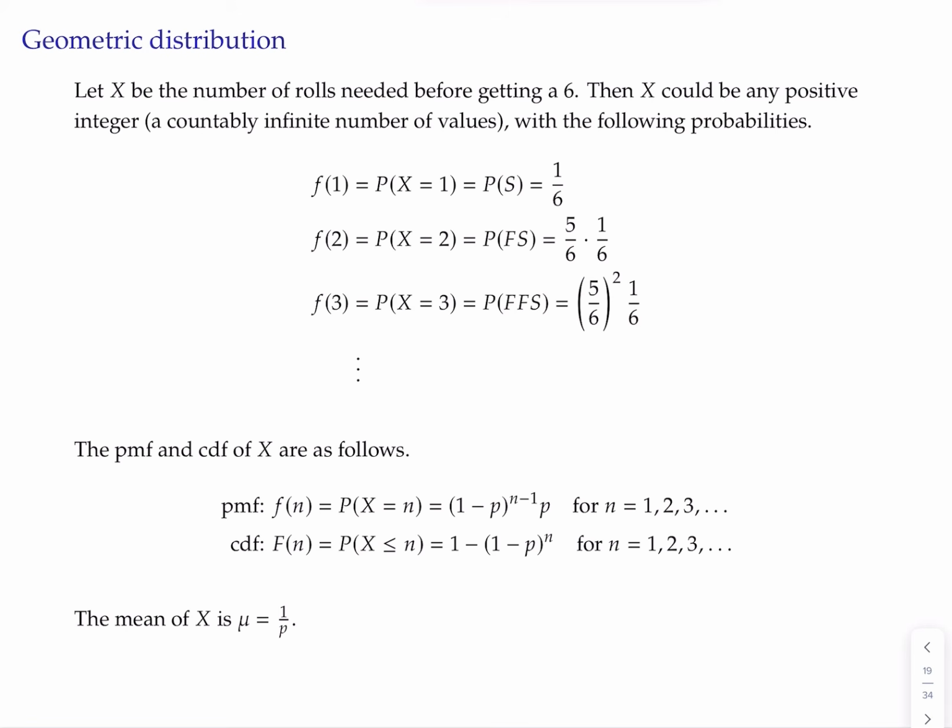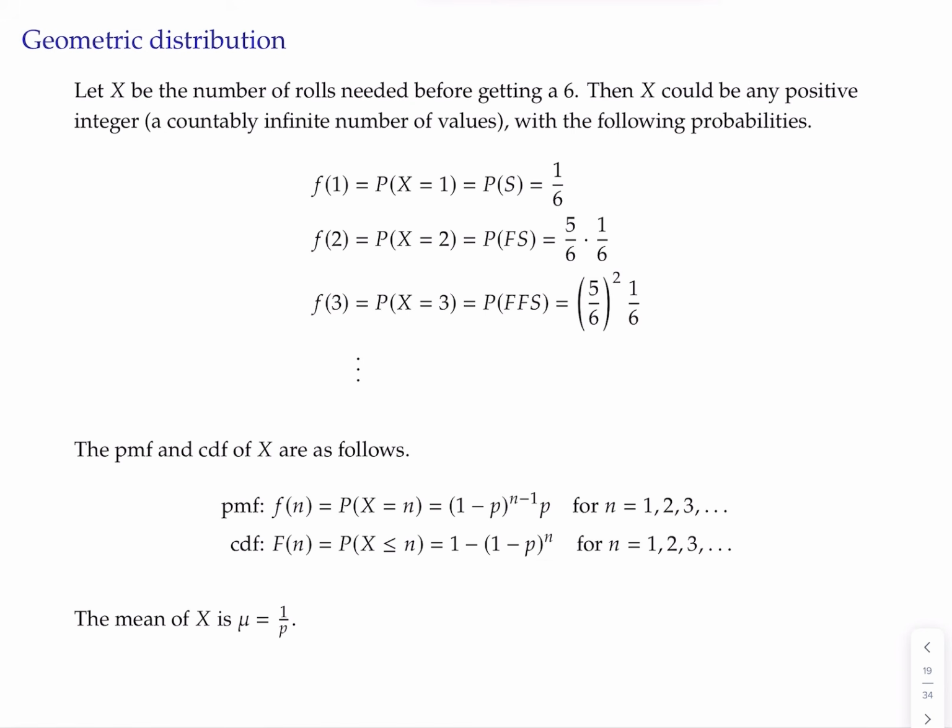If it takes 2 rolls to get our first success, then there was a failure on the first roll. Failure happens here with probability 5 over 6. Success happens with probability 1 over 6 on the second roll, and all the rolls are independent. So we can just multiply probabilities to get the probability that x is equal to 2.